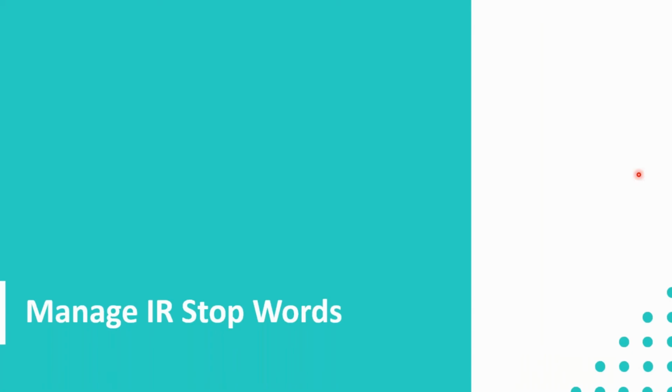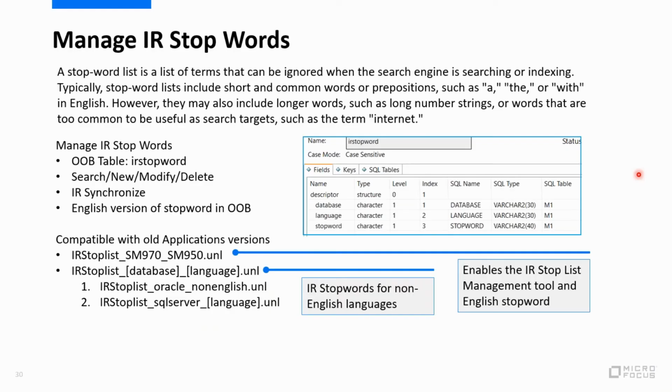Next one, I will introduce the IR stop word, which is newly introduced in Service Manager 9.70. A stop word list is a list of terms that can be ignored when the search engine is searching or indexing.